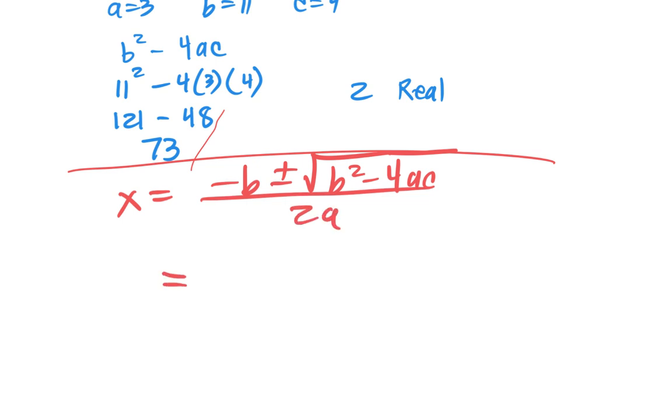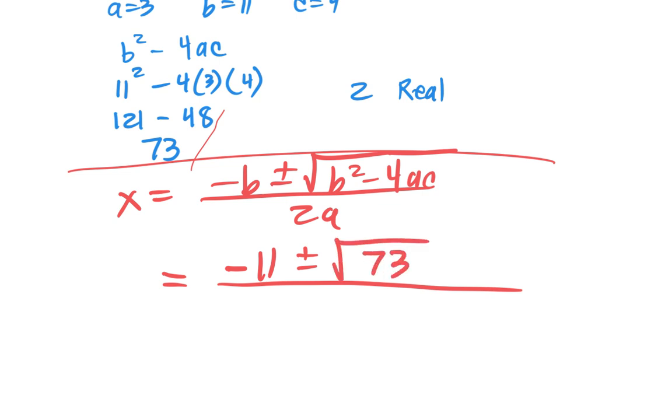So in that particular case, that's going to give me a negative 11. I'm just substituting in the a, b, and c that I found. Plus or minus, I know b squared minus 4ac is 73, over 2 times a, or 2 times 3.